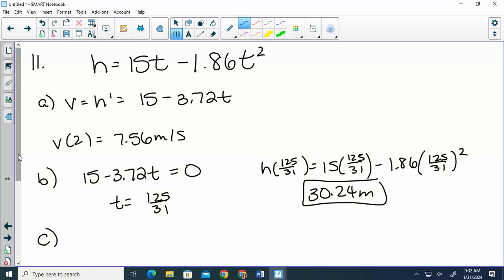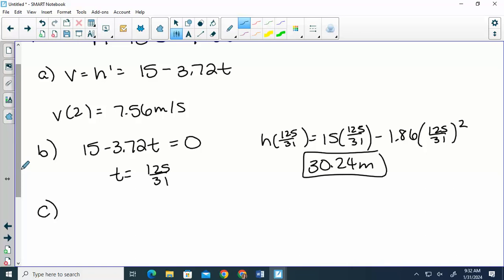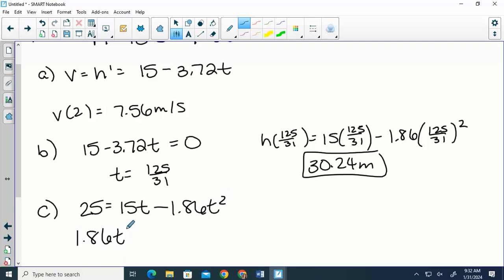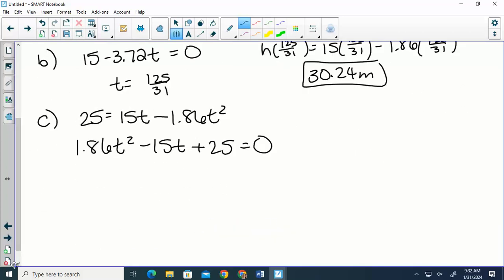Right. What is the velocity of the rock when its height is 25 meters? So the height is 25. So if we set that equal to 0, okay, so we're trying to figure out when this is 0.